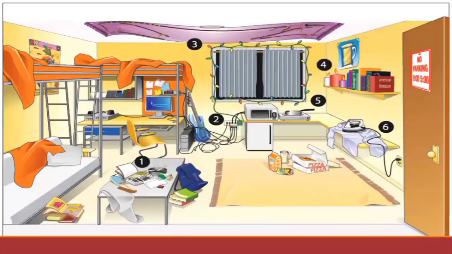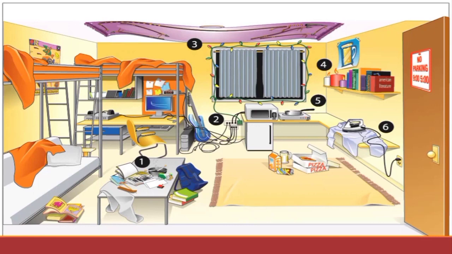So in this picture, what do you see as the fire hazards? Let's say, for example, that there is already a fire existing inside. What are the possible fire hazards? You might also see the labels there.